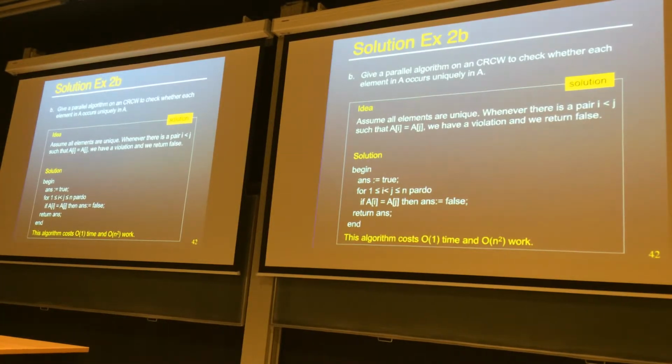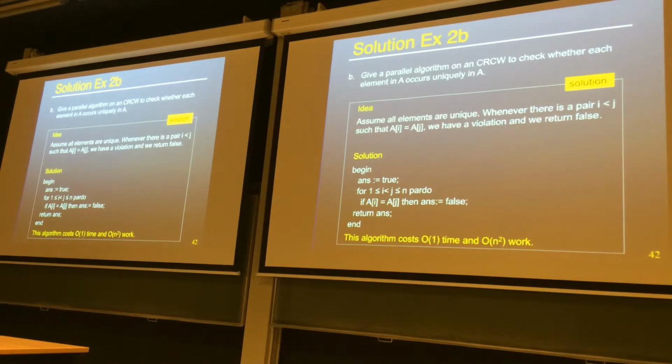So the basic message is: if you have to check, then it's often convenient to just set a boolean indicating that there did not occur any violation, and then actively check for violations and modify your answer accordingly. So again, this algorithm costs constant time, but now of course O(n squared) work, because here you have n squared checks.